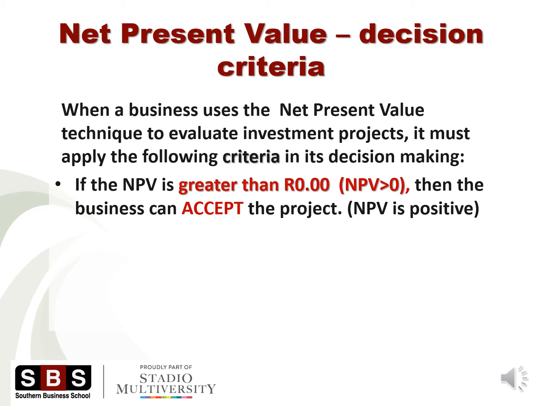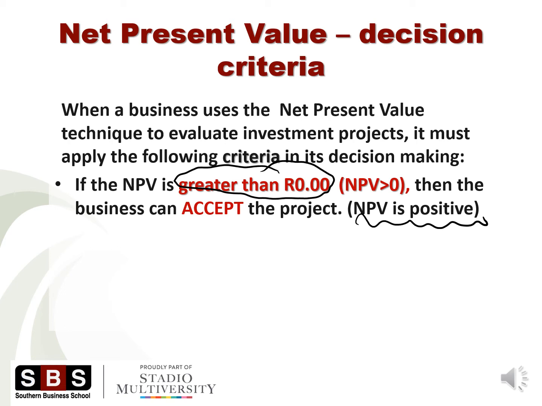We say the NPV, the net present value, is positive. That means that the future cash flows generated from the investment, expressed in today's money, is more than the amount of money that you must invest today in order to generate those cash flows. So you will be making a surplus by investing in the project.